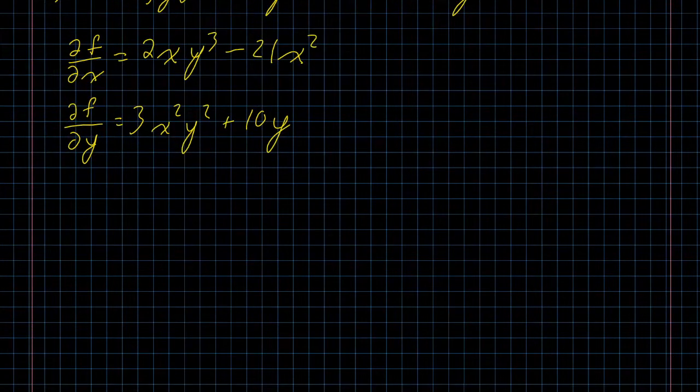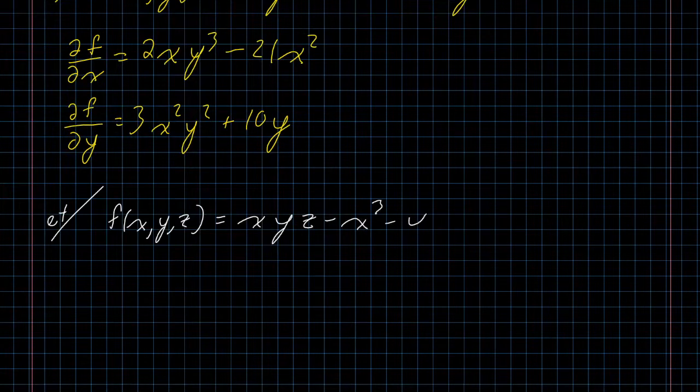We can do this no matter what variables the function is defined in terms of. So if I have a function of 3 variables, f of x, y, and z, I can differentiate this with respect to x.